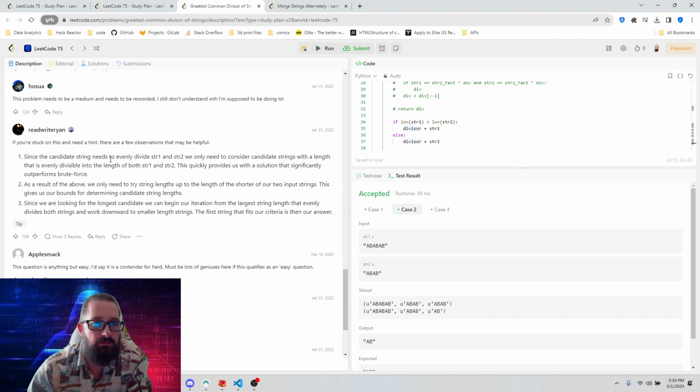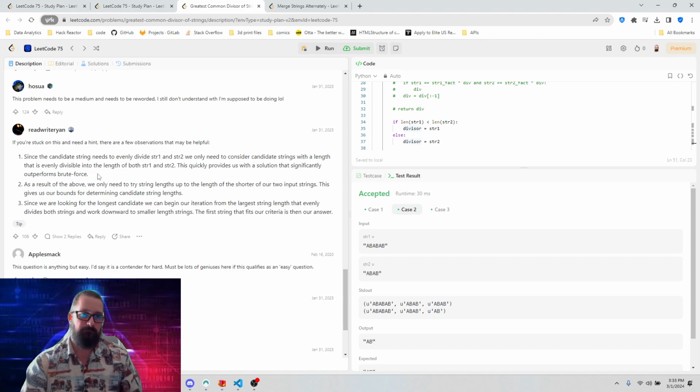We only need to quickly provides us with a solution that significantly outperforms brute force. Okay. So how do we find things that evenly divide quickly?